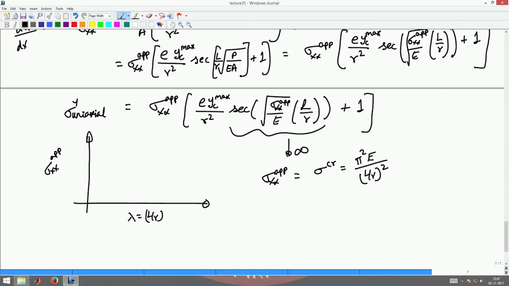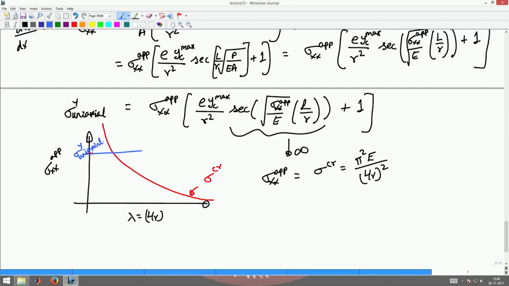Okay. So, if the sigma critical curve were to be like this as a function of slenderness ratio, this is sigma critical curve, okay, and this is sigma y uniaxial line.